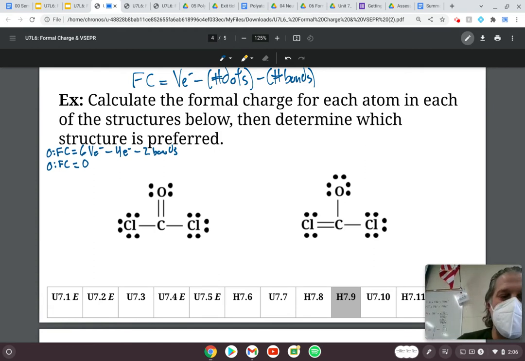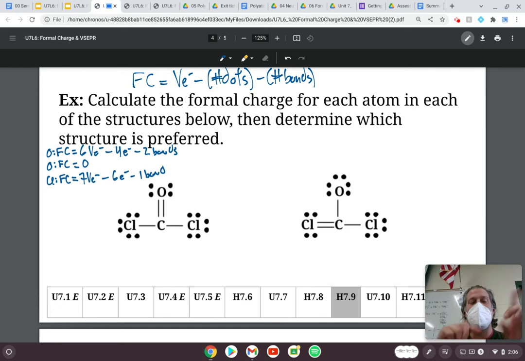I'm going to do the same thing for the chlorine on the left. Chlorine has 7 valence electrons, 6 dots around it, so 6 electrons, and it's participating in 1 bond. So 7 minus 6 is 1, minus 1 is 0, so chlorine's formal charge is equal to 0.